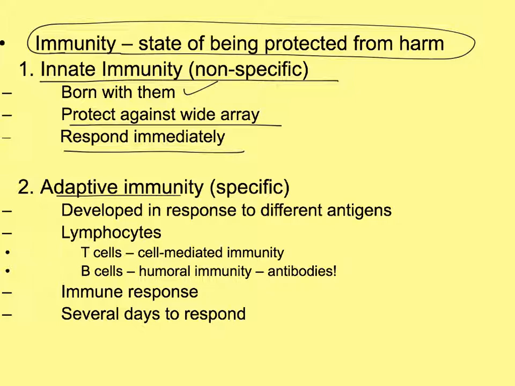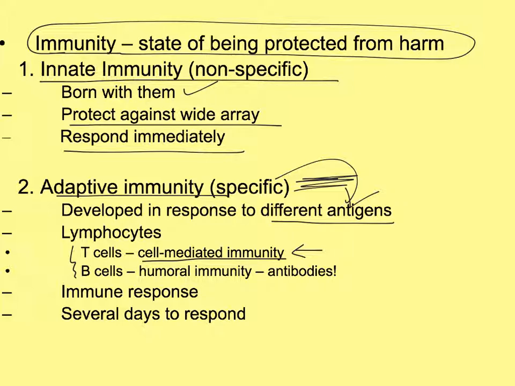Adaptive immunity is specific. It's developed in response to different antigens, so it's specific to the antigen that you're being exposed to. Things involved in adaptive immunity are B cells and T cells. T cells take care of cell-mediated immunity, so the T cells actually do the work to get rid of the pathogen.